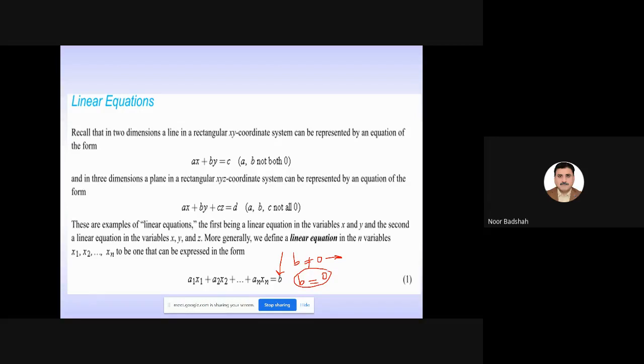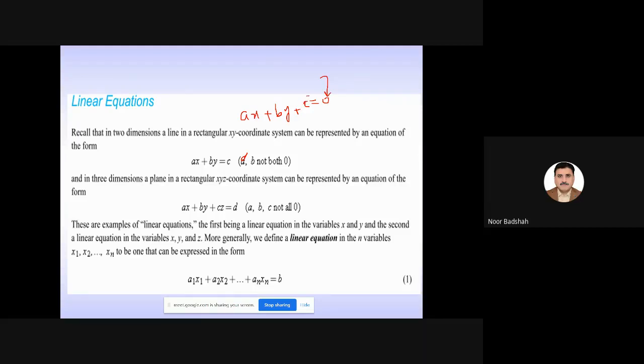So if the right hand side is zero, it doesn't mean that the equation is homogeneous. You see, the constant term matters, because somebody could write this equation, let's suppose, as ax plus by plus c is equal to 0. Now you see the right hand side is 0, but it's still non-homogeneous because we are having a constant term.